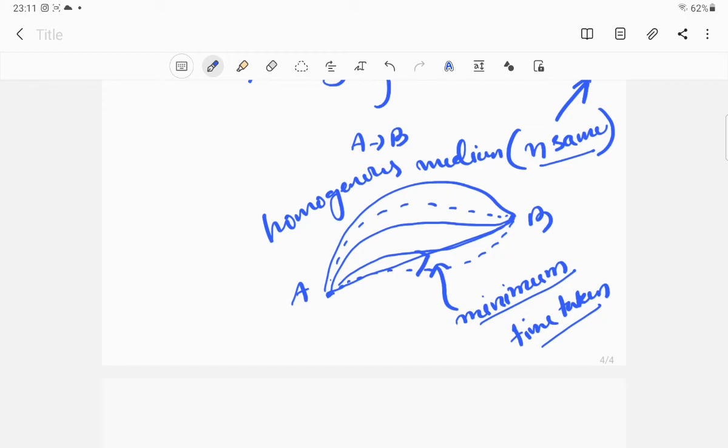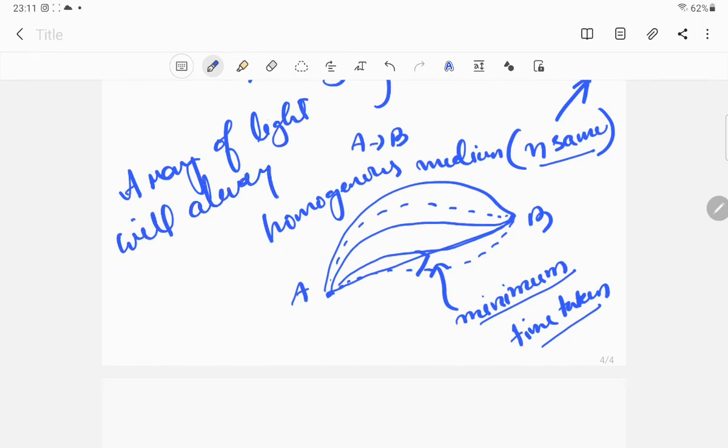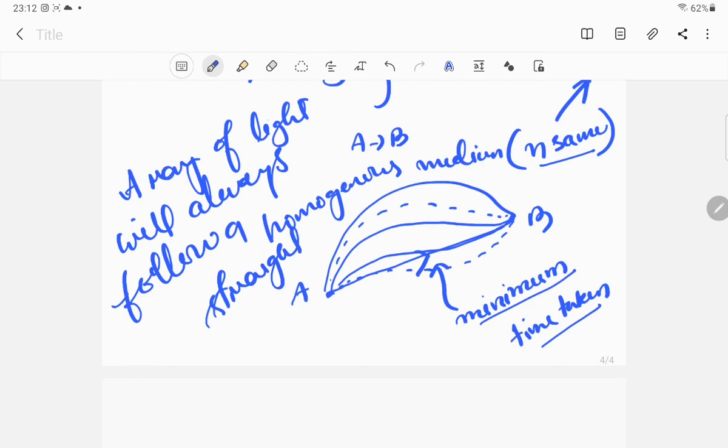In a homogeneous medium, a ray of light will always follow a straight line.